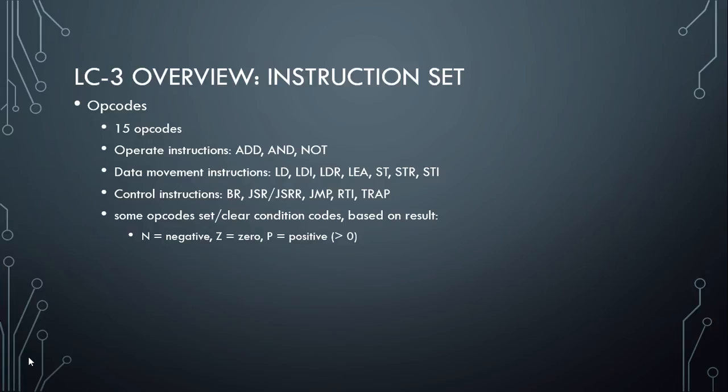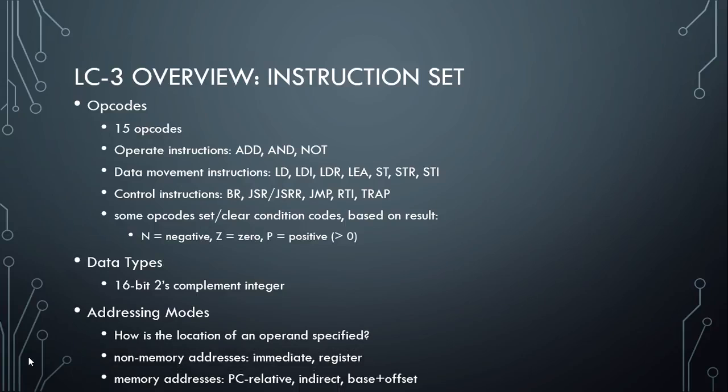And lastly, there are some opcodes which set or clear condition codes based upon the result. So N is negative, Z is 0, and P is positive, or anything that's greater than 0. In terms of data types, we're going to be using 16-bit 2's complement integers. And when we're looking at addressing modes, how is the location of an operand specified?